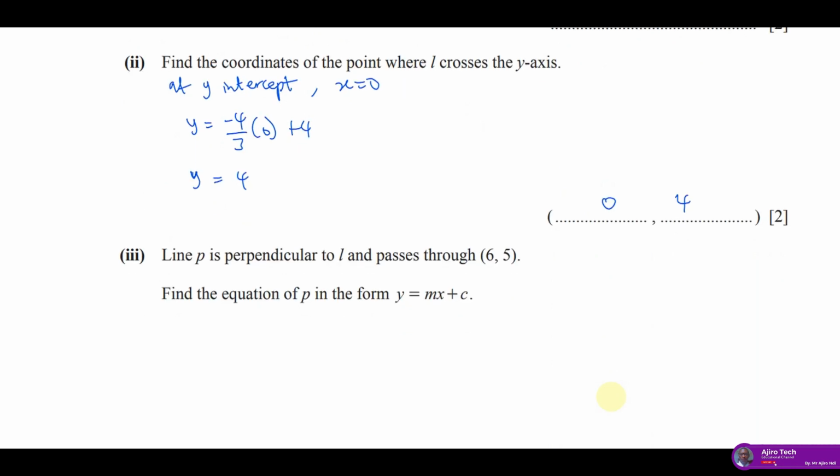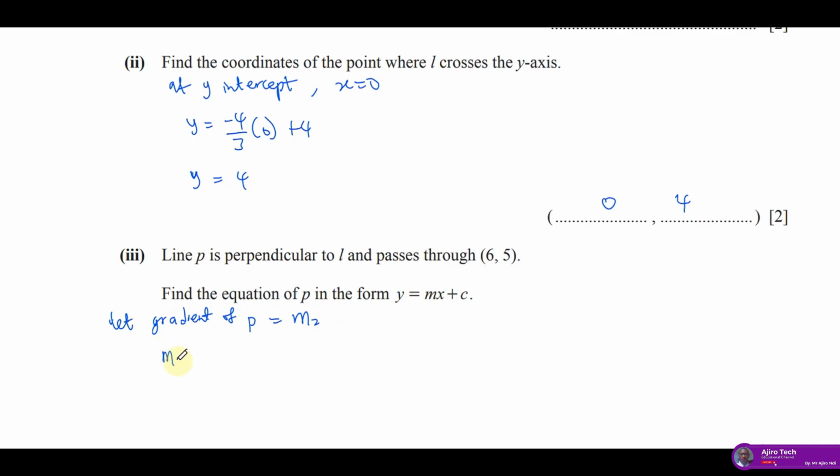Line P is perpendicular to line L and passes through that point. When two lines are perpendicular, we multiply their gradients to give us -1. So the gradient of P becomes m2.